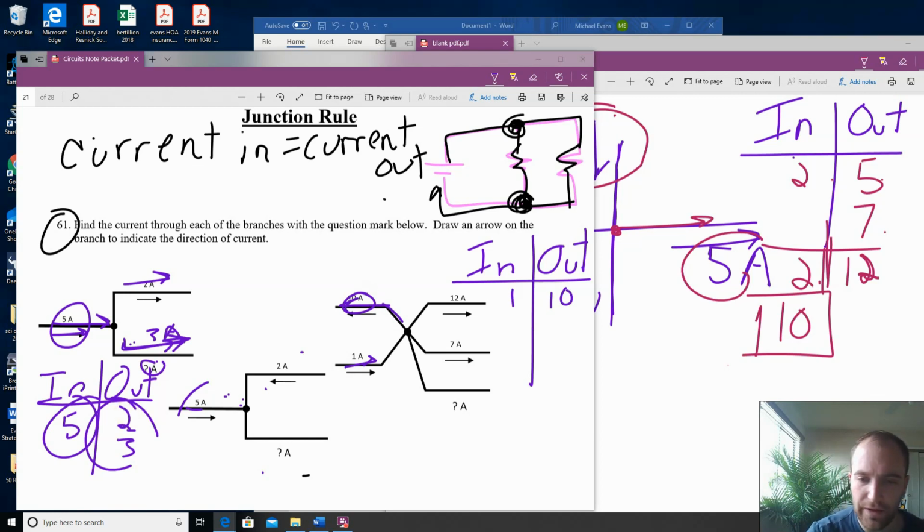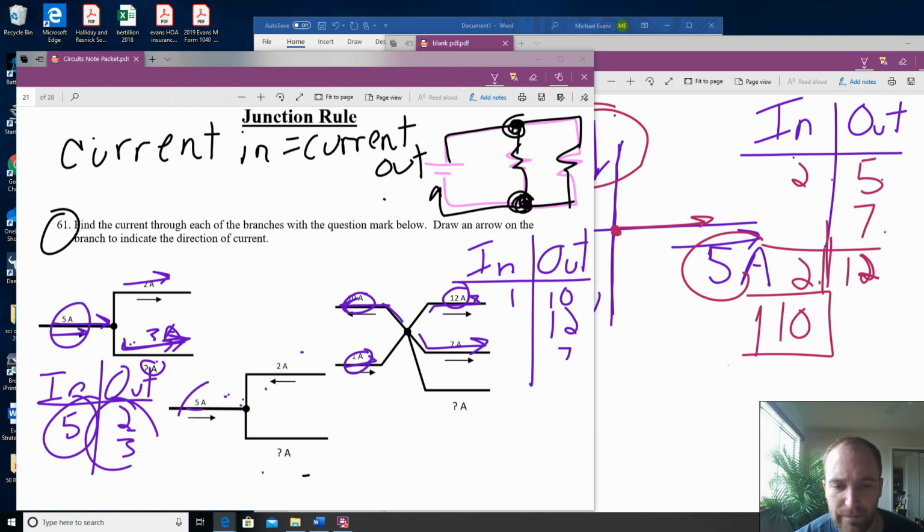So I'm going to put a 1 in this column. For the 12 amps, I would call that out, away from it. It's traveling away. So I'm going to put that 12 here. The 7 also looks like it's going away or out. So I'll put the 7 in the out column.